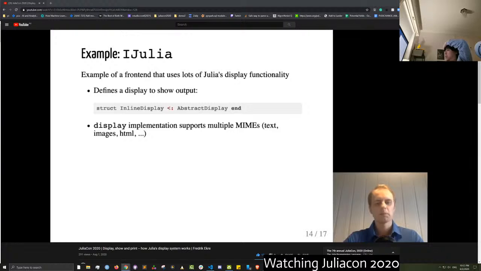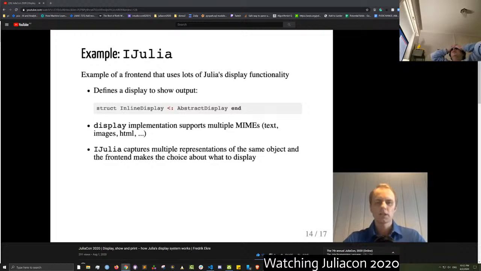And this display implementation supports multiple MIME representations, in contrast to the REPL one, which is text only. So you might have noticed that in a notebook you might sometimes see text output, sometimes image output, HTML output, and maybe LaTeX output, and so on. So the IJulia display is a little bit more rich in that sense.